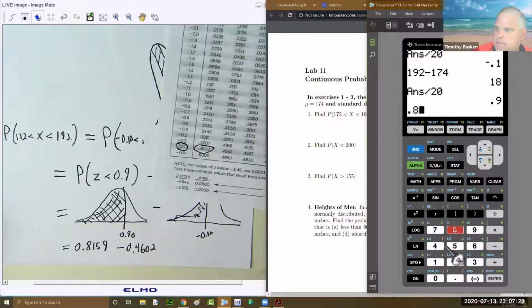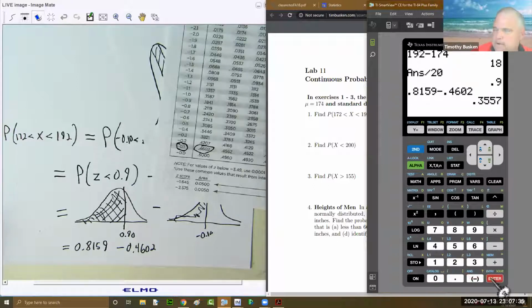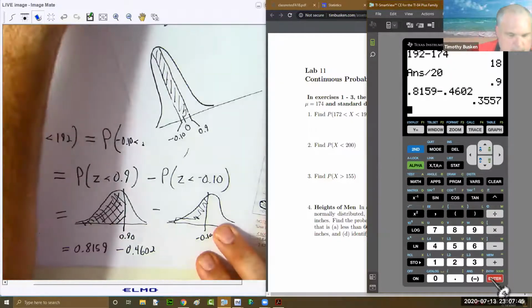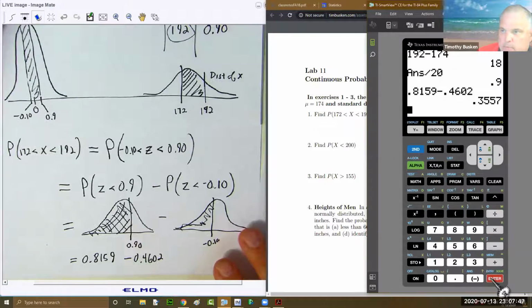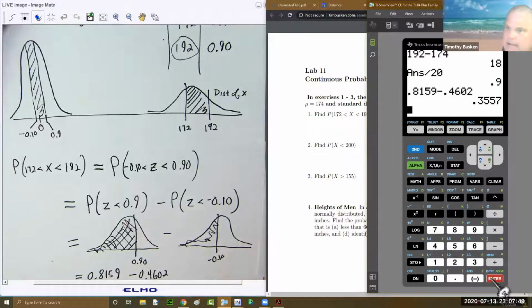So it's a lot more work if you have to use the Z table to find a probability for a normally distributed random variable. I want to encourage you to just use the calculator, just use technology if you need a probability. You don't necessarily have to use the Z table, but I want to make you aware of what it is and how it was used.